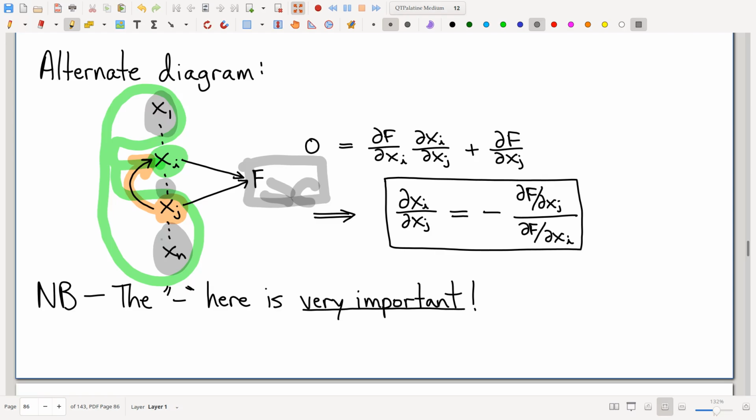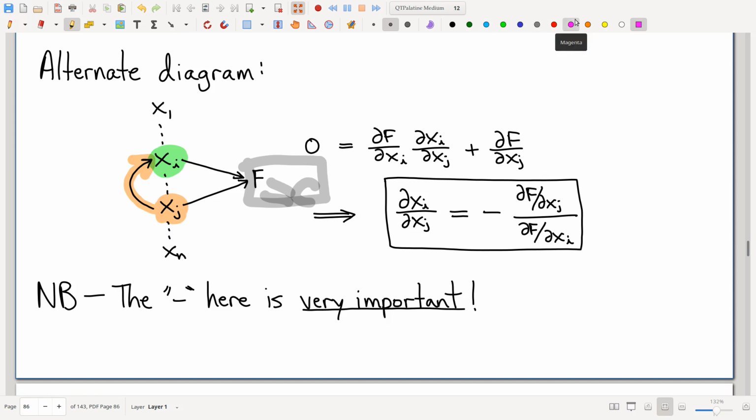So the way we answer this question is actually pretty straightforward. We're just going to write down the chain rule. You can see we've got a bunch of stuff that's constant, and so there's really only two paths that we need to worry about. For one thing, changes in xj will make a direct contribution to changes in this expression f.